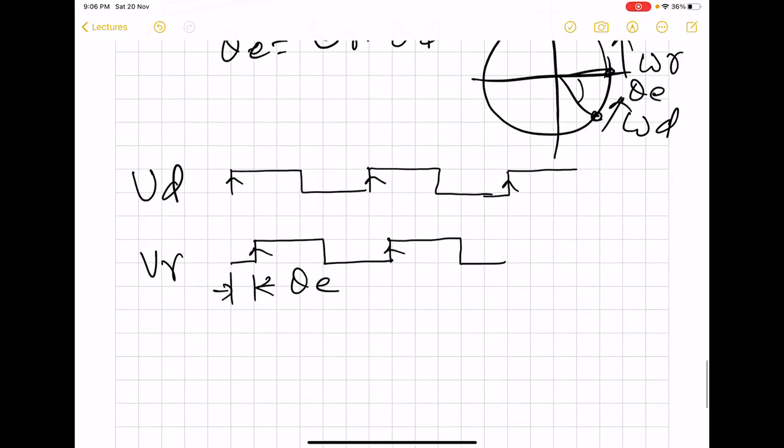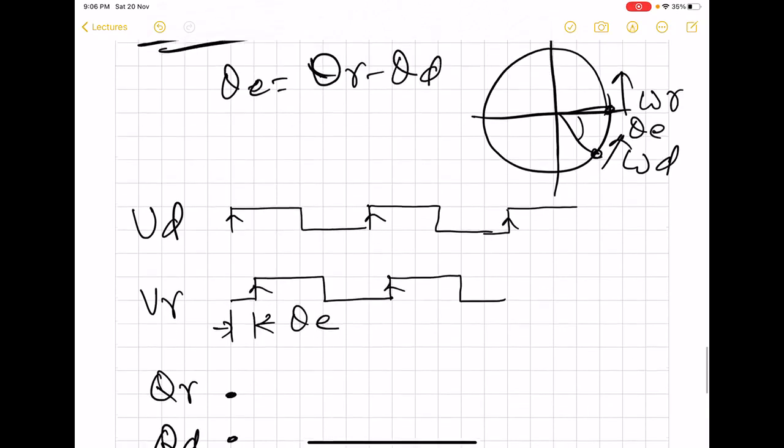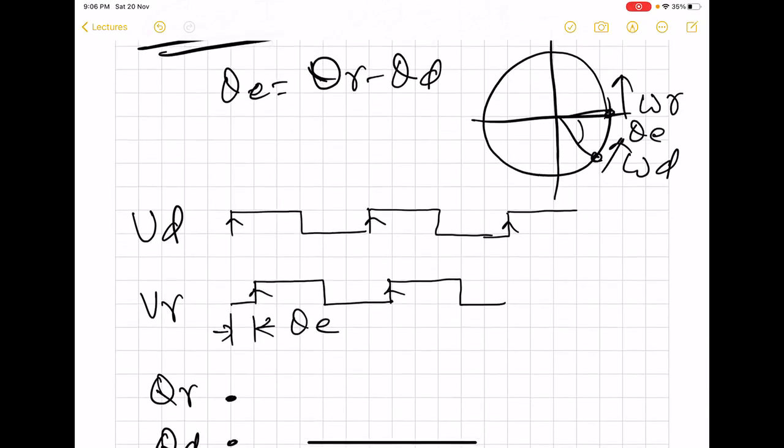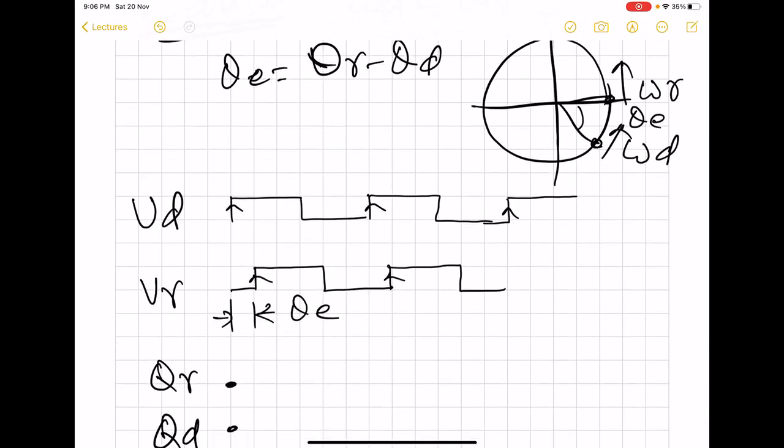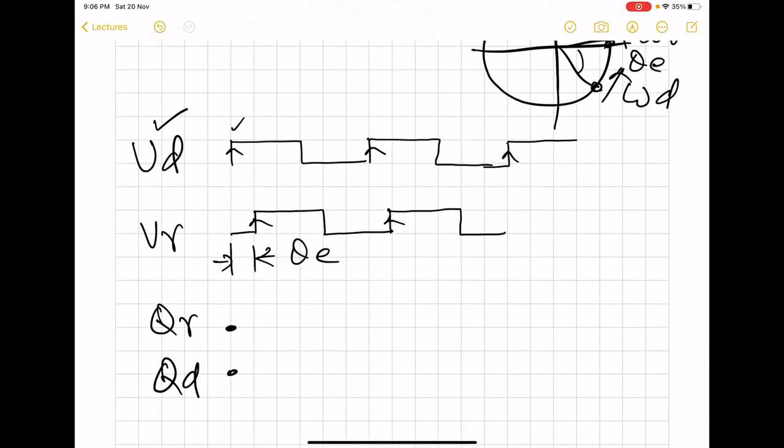Now we will assume that QR and QD are both in 0, 0 state in the beginning. So both are 0, 0. See that both are in state 0, but then the rising edge of VD occurs before the rising edge of VR. So what happens is that the system moves into state 1, where QR is going to be 1 and QD remains 0.